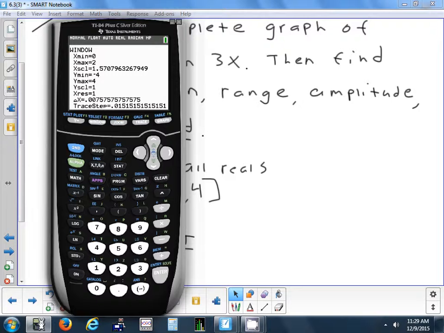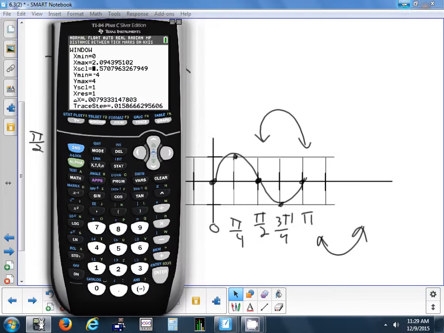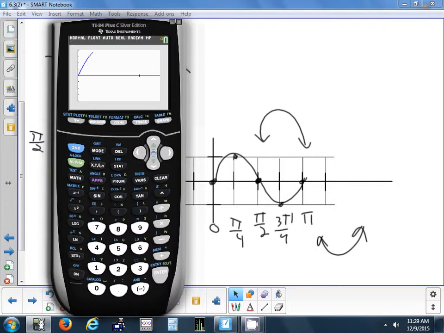Yep. 2 pi divided by 3. Just type 2 pi divided by 3. It'll change it to a decimal. Let's check the range. Actually, I think my range here is fine. -4 to 4. So let's hit graph, and we should see exactly 1 period on the screen. No, it's perfect. Just barely fits, but that's fine.